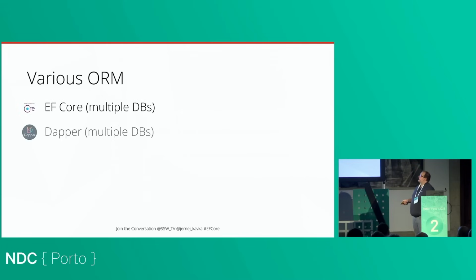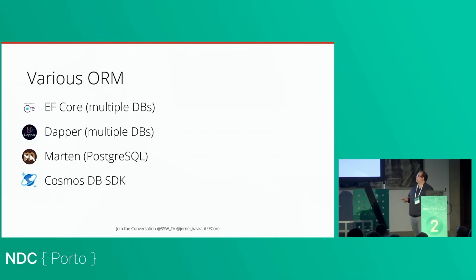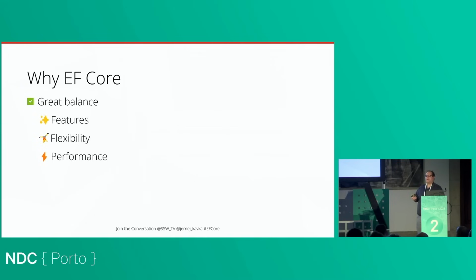And there are also various ORMs. There are just a couple over here, like EF Core. Dapper is technically a SQL builder plus mapper. Then we have Marten, Cosmos DB, and there are lots more of them. But the main reason why I usually choose EF Core and why I recommend people to use EF Core as one of the first options is because it gives you a great balance between features, flexibility, and performance.